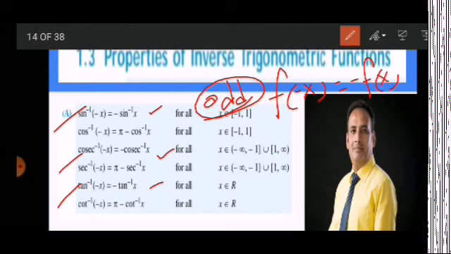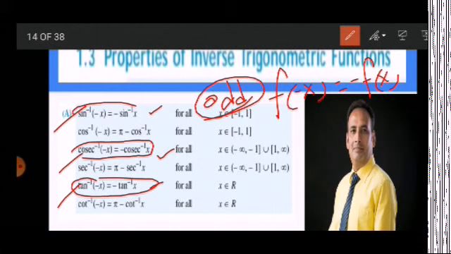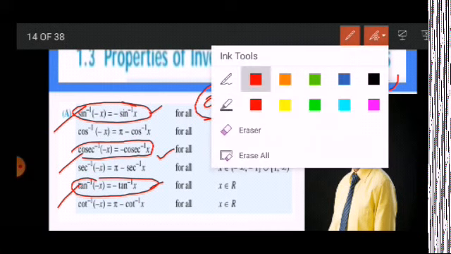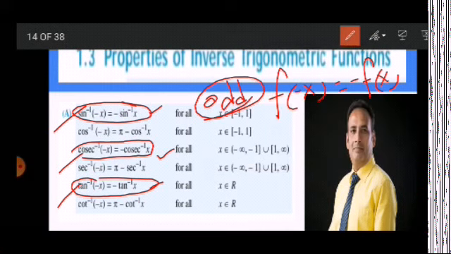That's why the negative sign comes outside very easily: sine inverse minus x equals minus sine inverse x, cosec inverse minus x equals minus cosec inverse x, and tan inverse minus x equals minus tan inverse x. In these three results, you simply take out the negative sign. But mind this point: the result is different for cos inverse x, sec inverse x and cot inverse x.